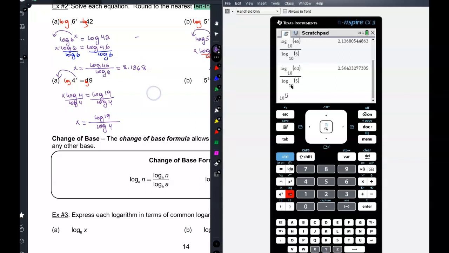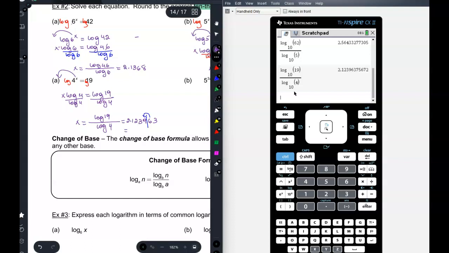So we get log 19 over log of 4. 2.1, so let's see, 2.123963. I'm just going to go a little bit more here. So we have to round to the 4th decimal place. 1, 2, 3, 4 right there. Because the number after it is greater than 5, I have to add 1 to this. So this becomes 2.1240, right? The 39 becomes a 40.